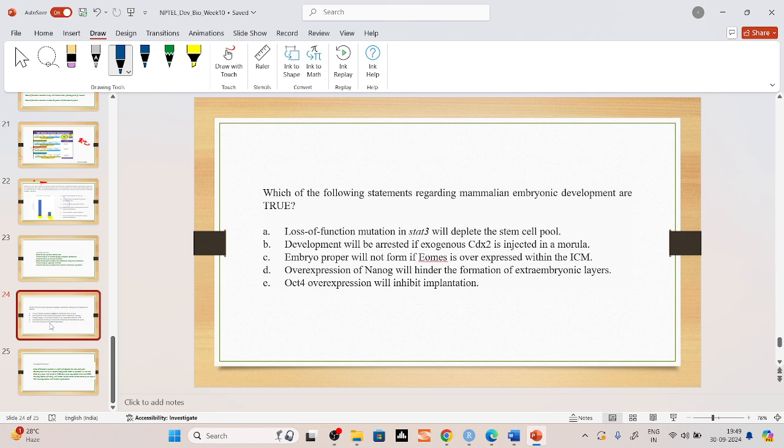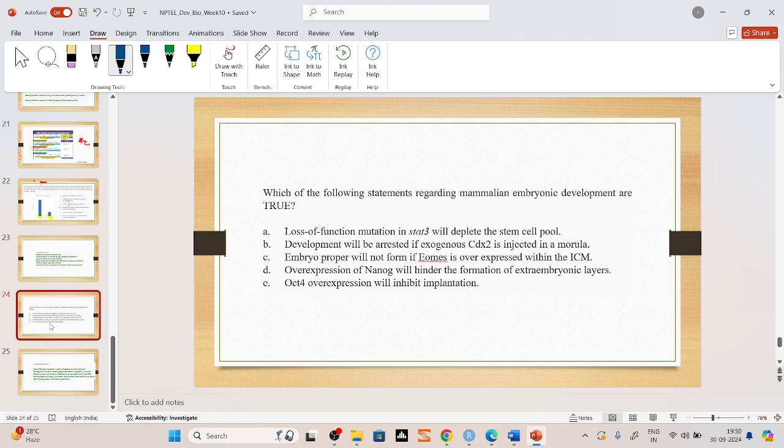The first one is loss of function mutation in STAT3 will deplete the stem cell pool. STAT3 is responsible for maintaining the self-renewable property of the stem cells. Self-renewable means that it can renew itself. This property is maintained with the help of STAT3, which is specifically important in the ICM region, the inner cell mass region.